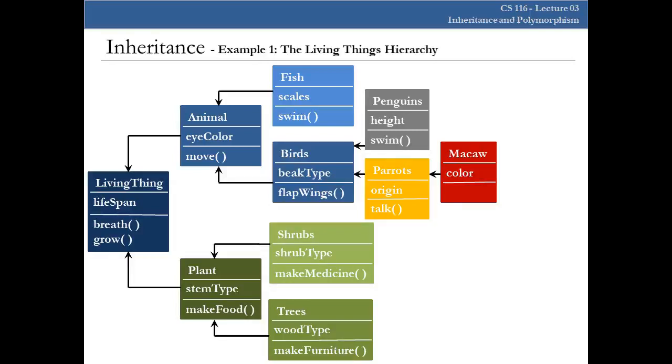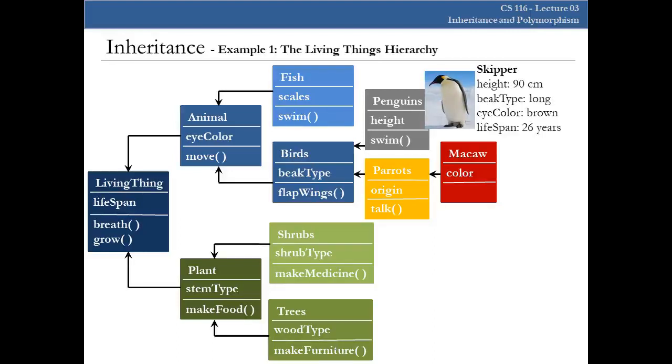Now let's instantiate some objects. The first object that I am instantiating here is of class penguins. Okay, this is my object. It's called Skipper. And Skipper is a penguin from Madagascar.